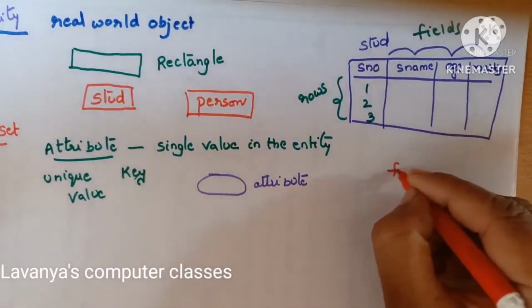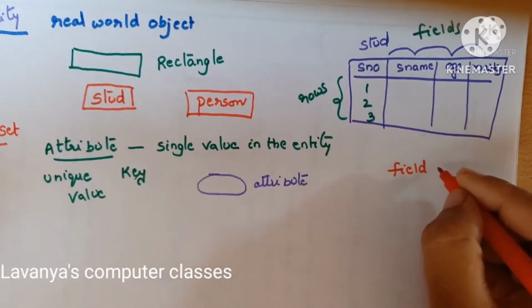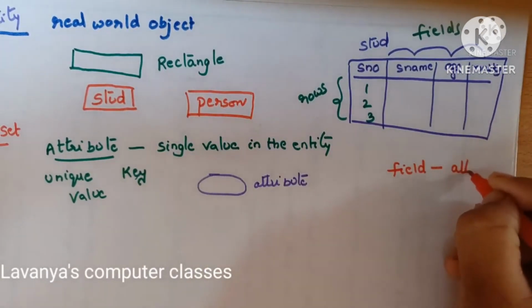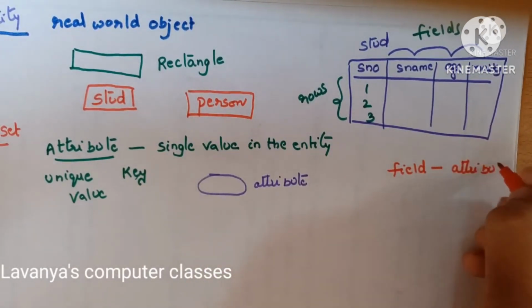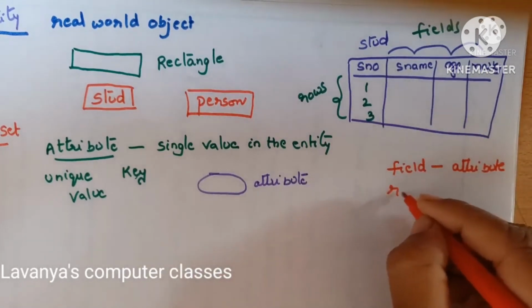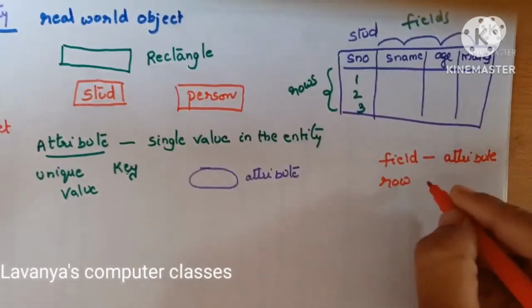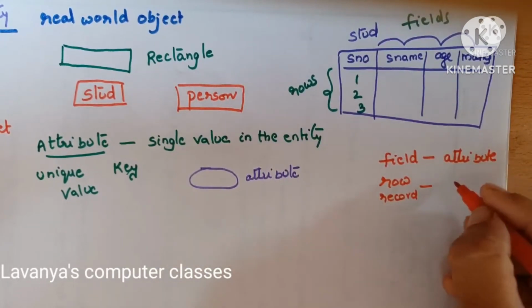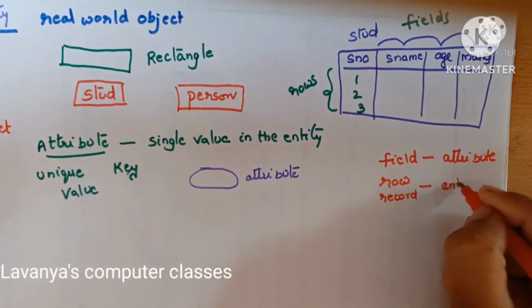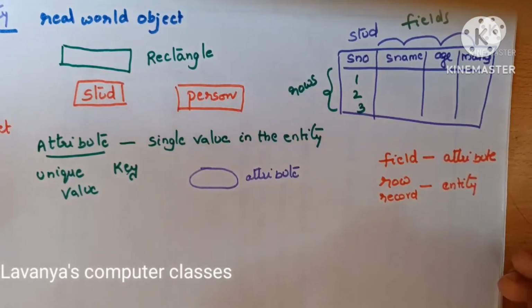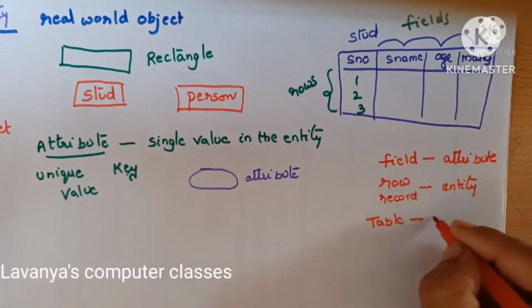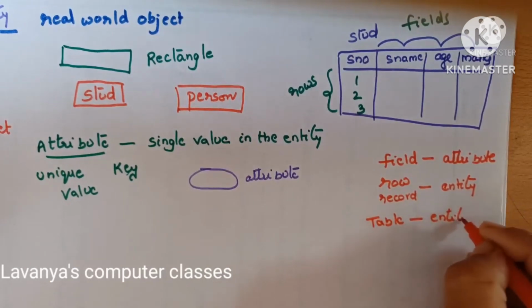So in this, an individual value is called a field. Field is nothing but an attribute in ER diagram. Similarly, one row is called a record. The record is nothing but an entity, a single entity. Table, the student table, is nothing but an entity set.